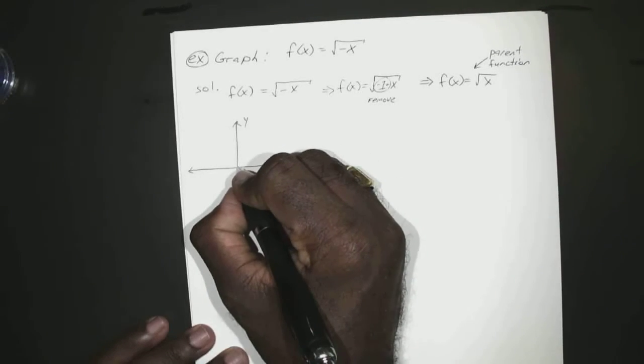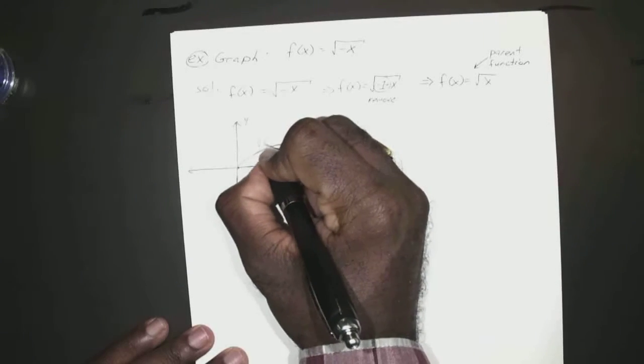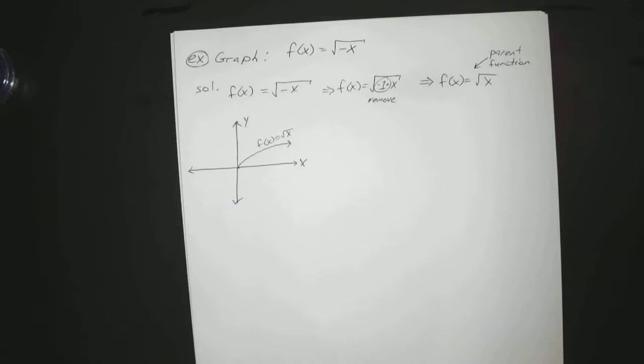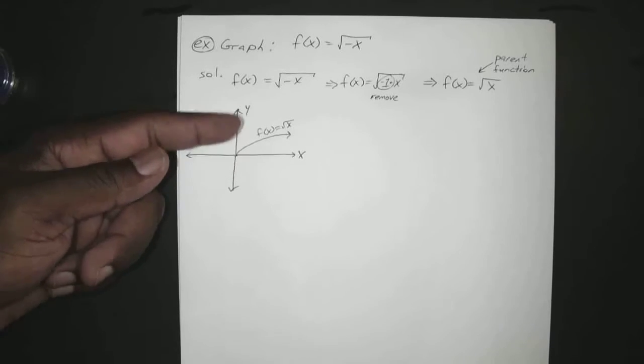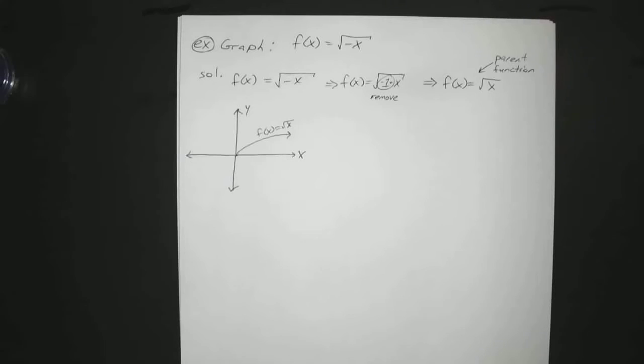And this is our parent function of square root of x. Okay. Now if the negative was on the outside, it would just flip over the x-axis. But since the negative is on the inside, it's going to flip over the y-axis.